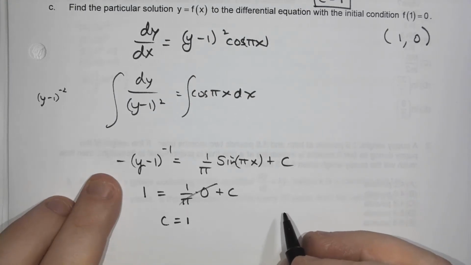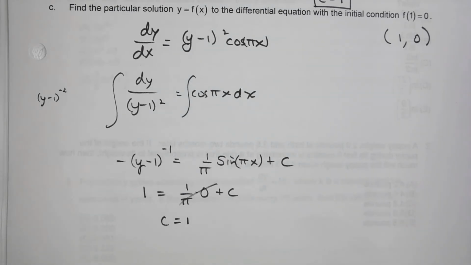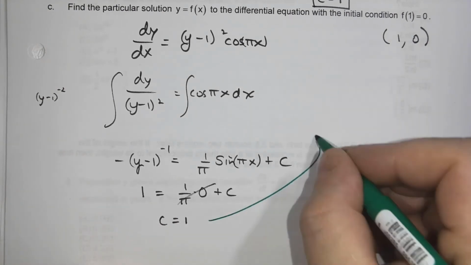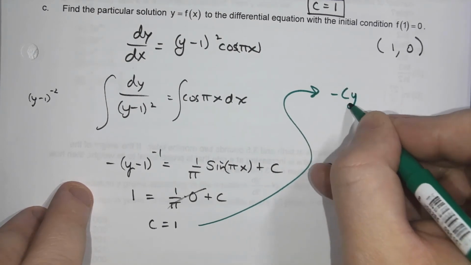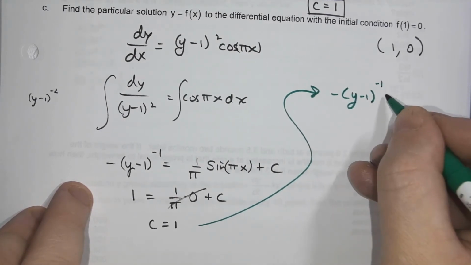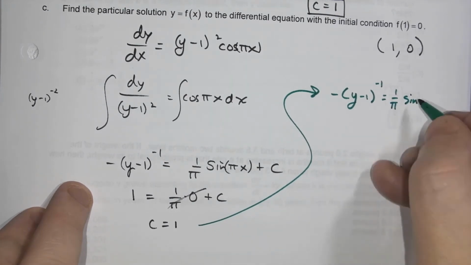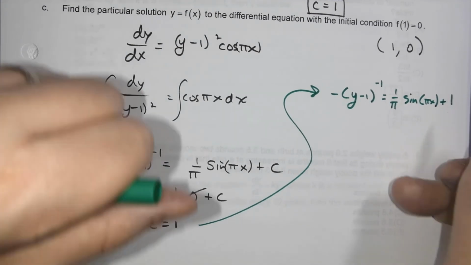So we would have at this stage negative, let's change the color, make it a little bit more distinguishable now that we've plugged in. We would now get negative y minus 1 to the negative 1 equals 1 over pi sine pi x, and that's plus 1.